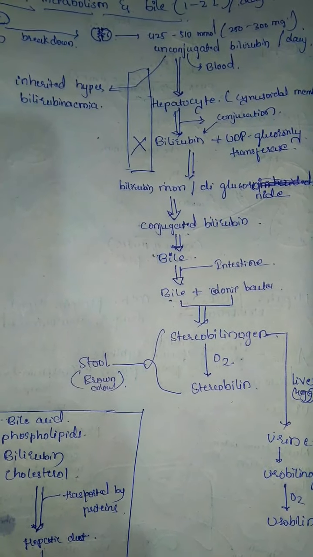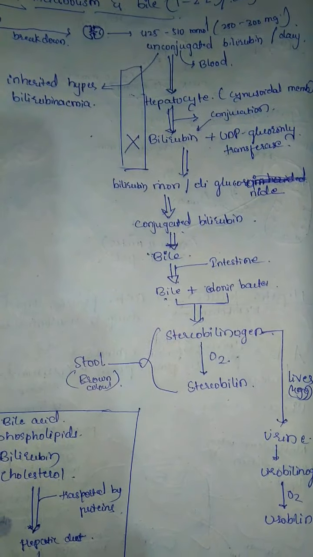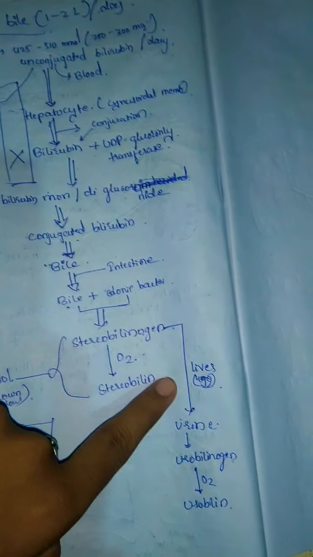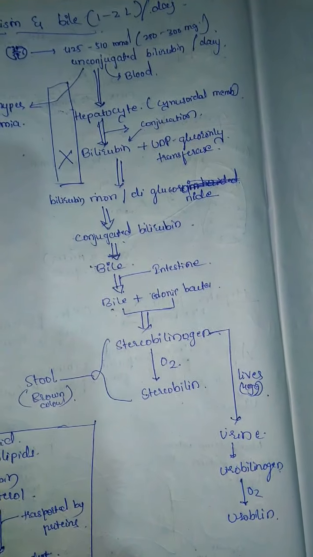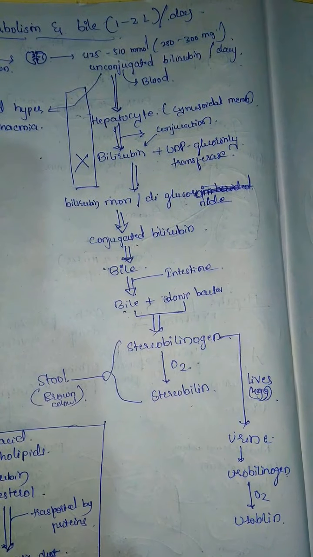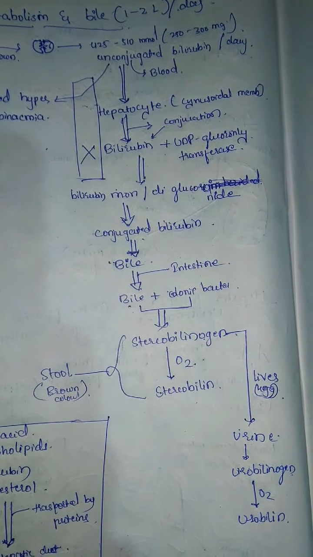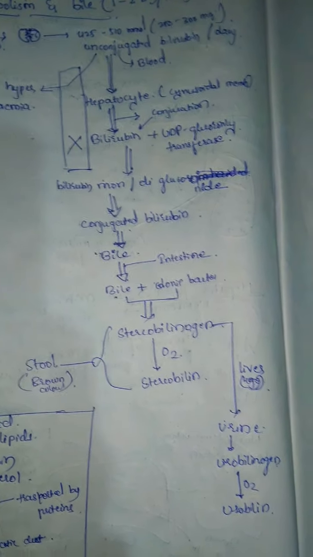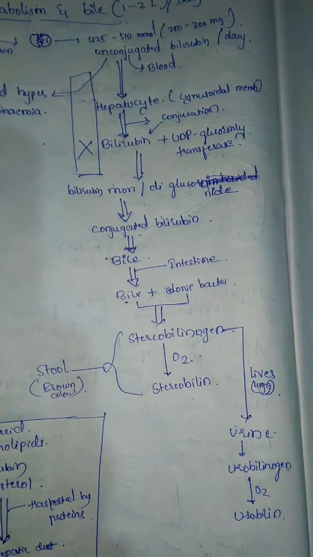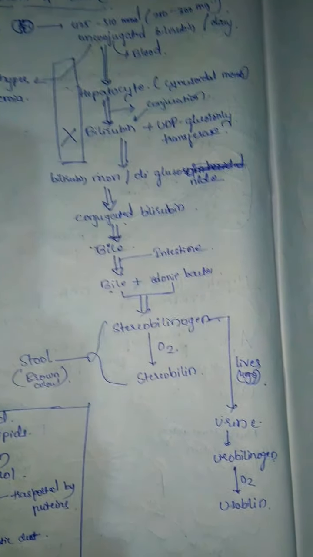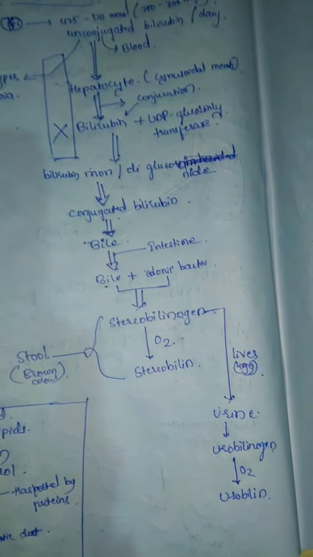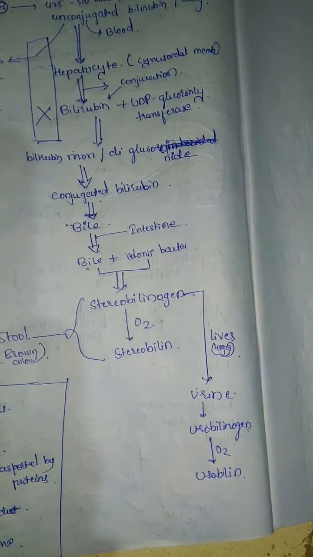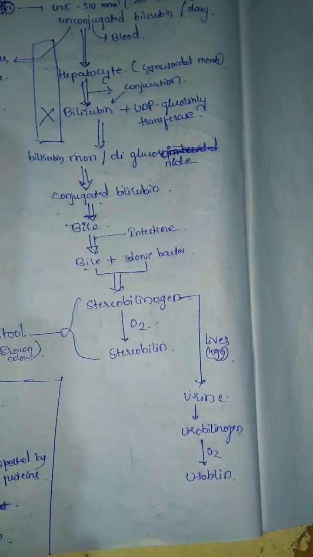A small amount of stercobilinogen, around 4 mg per day, is absorbed from the bowel and passes through the liver, and it is excreted in the urine, where it is known as urobilinogen, following further oxidation called urobilin.